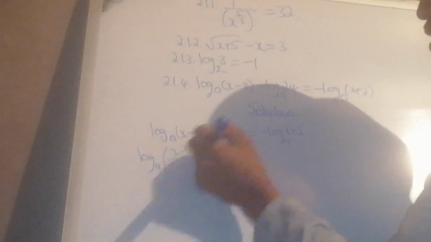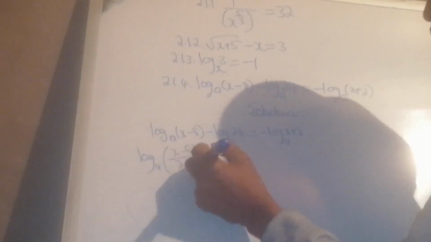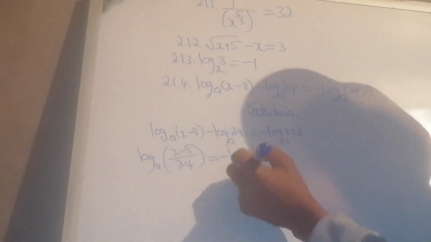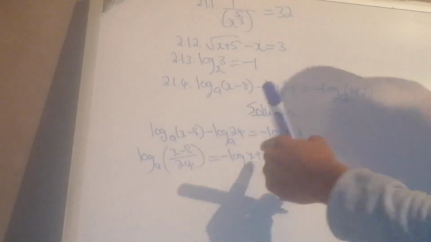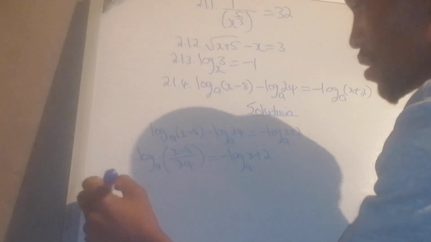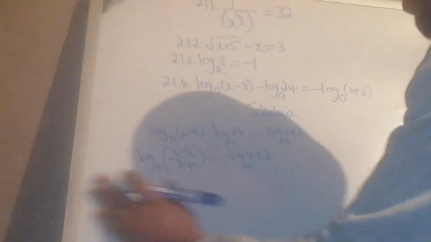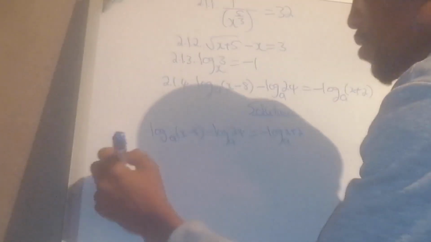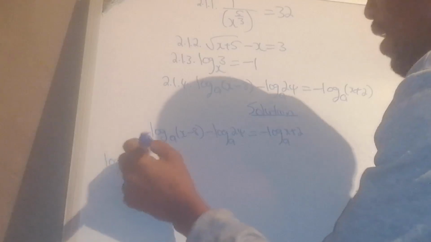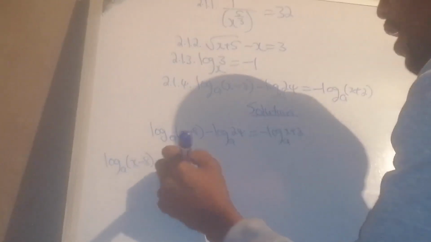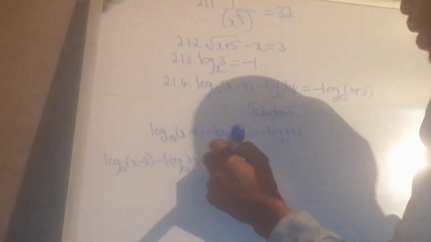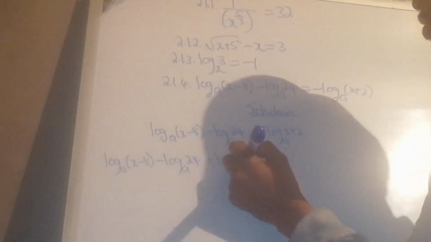Actually, let me not divide first. Let me take this to the other side: log a of x minus 8 minus log a of 24 plus log a of x plus 2.